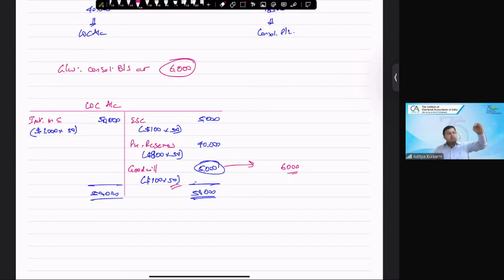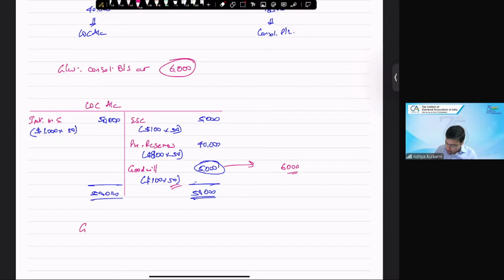If my goodwill is going up by 1000 rupees, something else also should happen for 1000 rupees. Otherwise, how is the double entry matching? This is basic. I cannot make this 6000 by itself. I need a corresponding credit that should happen somewhere.